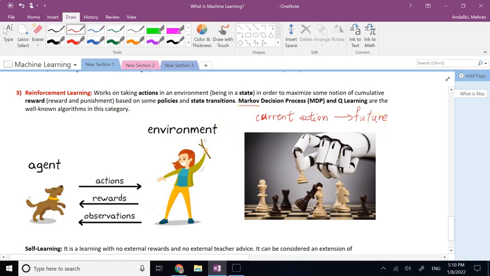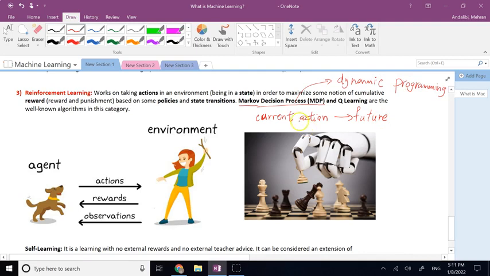Some of them don't. So Markov decision process and the optimization that comes with it to solve the problem is called dynamic programming. This is the kind of reinforcement learning based on this Markov property.